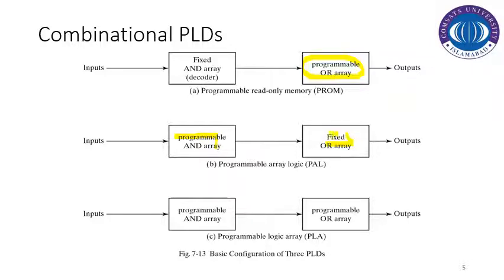It is a reverse structure as compared to PROM. The programmable logic array is much more flexible in terms of design and implementation of combinational logic modules. Both array structures are programmable, so the AND array is programmable and the OR array is also programmable.